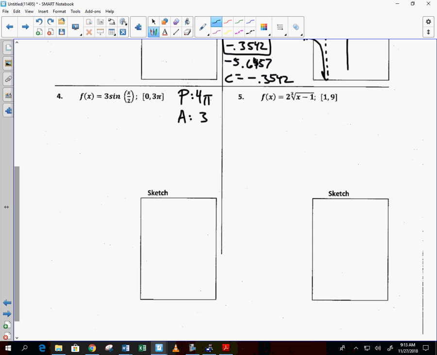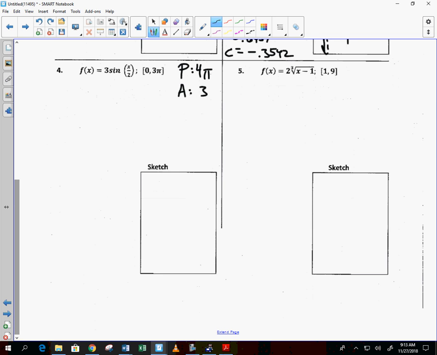3. So if I did a quick sketch of this graph, and I want to go from 0 to 3 pi, notice it repeats itself every 4 pi. So I'm going to divide it in half and in half again. I'll go up to 3. I'll go down to -3.